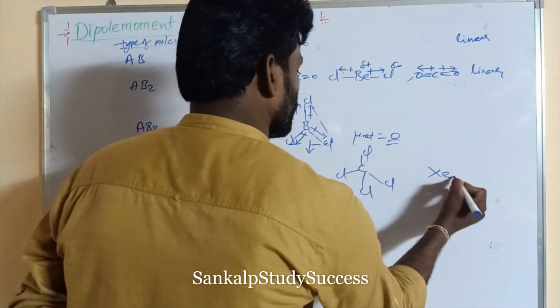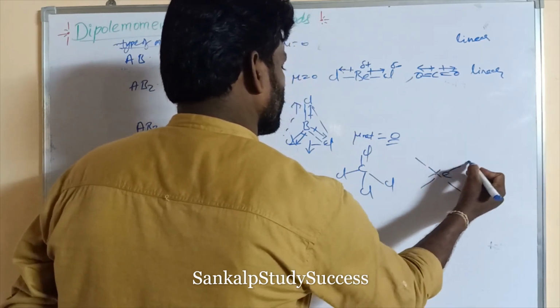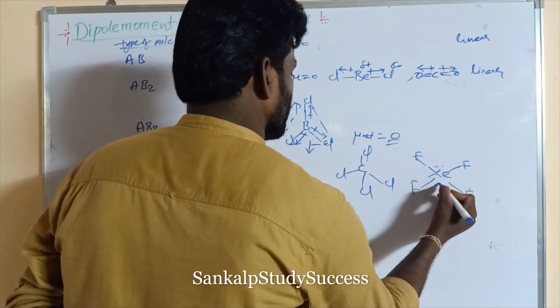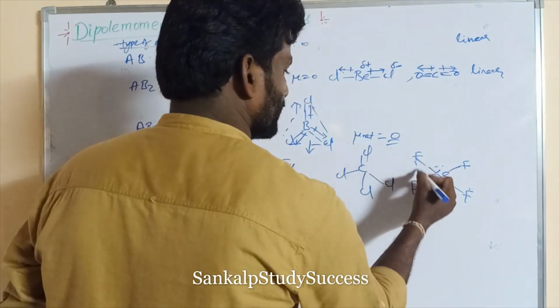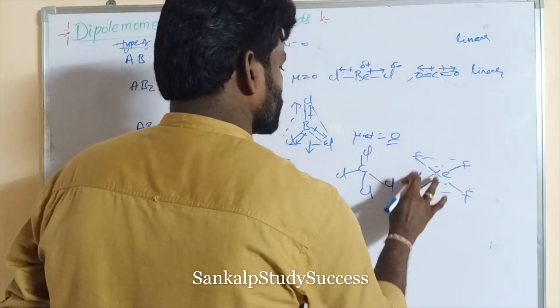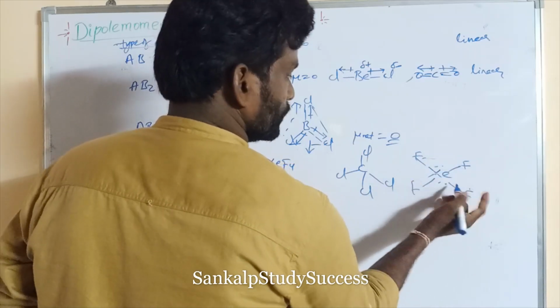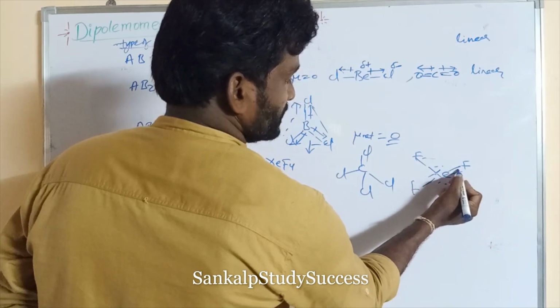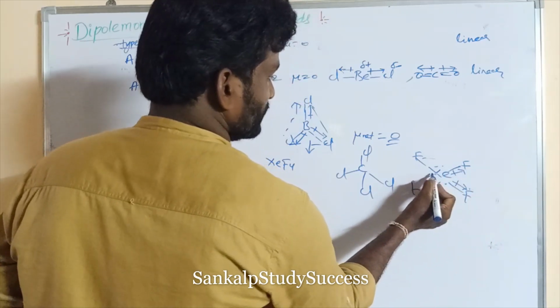Like XeF4, with fluorine, it is present in square planar shape. So this is the highly electronegative atom. This bond is shifted towards the highly electronegative atom. Similarly, this also.